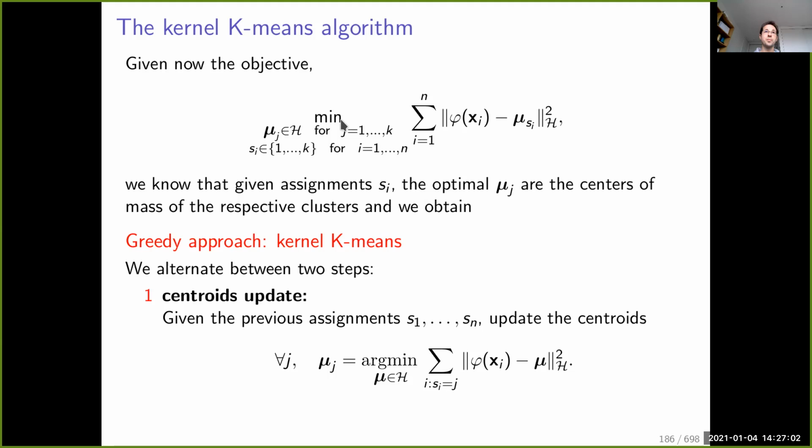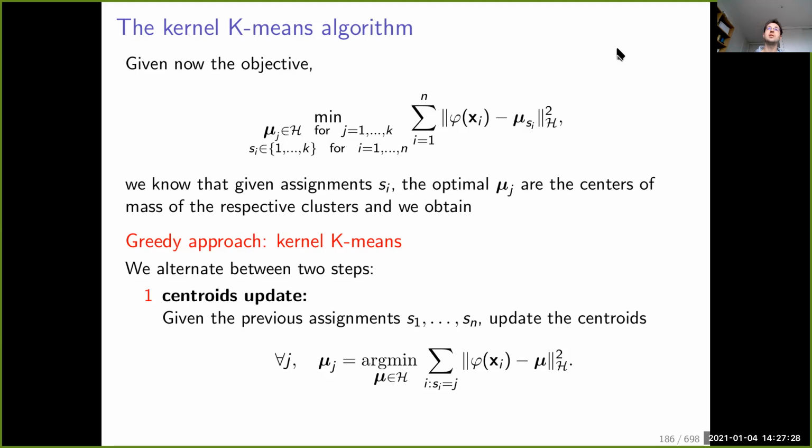So given now the objective, which is here, this is the kernel k-means objective. We know that given assignments Si, the optimal centroids are the center of mass of the respective clusters. Then we can update what we call the kernel k-means. It's called the greedy approach. Why greedy approach?